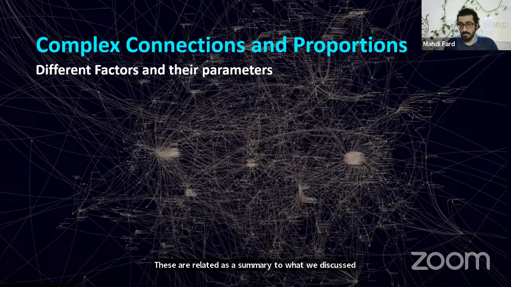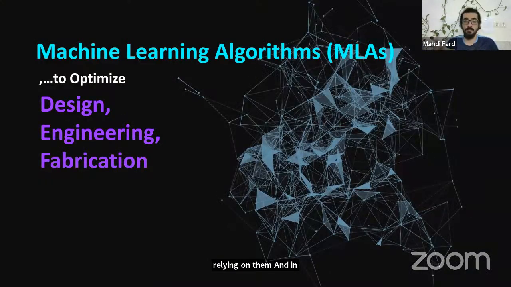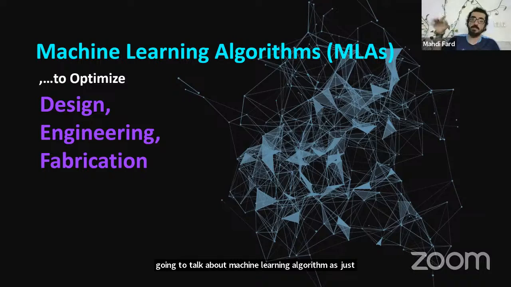How can we do this? I mentioned the high qualified algorithms, so we can follow this idea, relying on them. Today we're going to talk about machine learning algorithms as just one branch of high qualified ones, to go through design, engineering or fabrication procedures, to optimize the process.